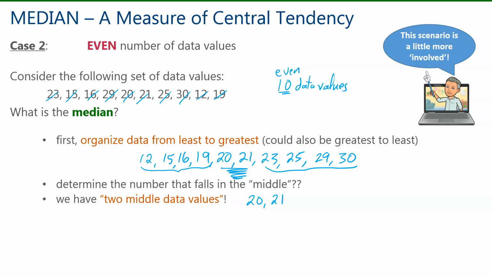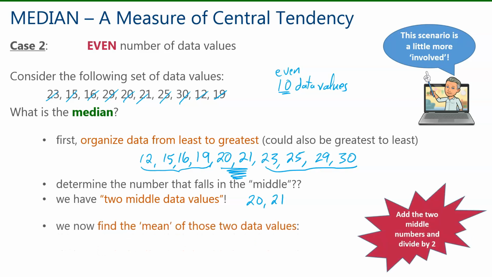What do we do? We need to find the middle of those 2. So in order to do that, we find the mean of those 2 values. In other words, we add 20 with 21 and divide by 2. 20 plus 21 is 41, divided by 2 gives us 20 and 5/10, 20.5. And if you sit back and think about it, you may not need to actually do the calculation. If I ask you what is halfway between 20 and 21, you're going to say 20.5. Therefore, 20.5 is the median.